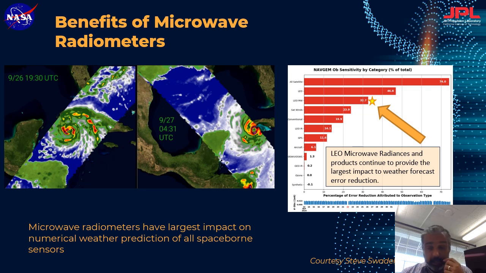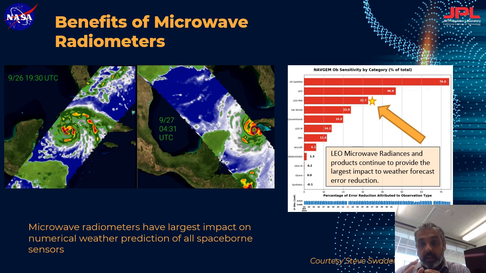In fact, the plot on the right, courtesy of Steve Swadley from NRL Monterey, shows you the impact that microwave observations have on weather forecast prediction. The third bar there says LEO microwave, and the x-axis is percentage of error reduction depending on the observation type.